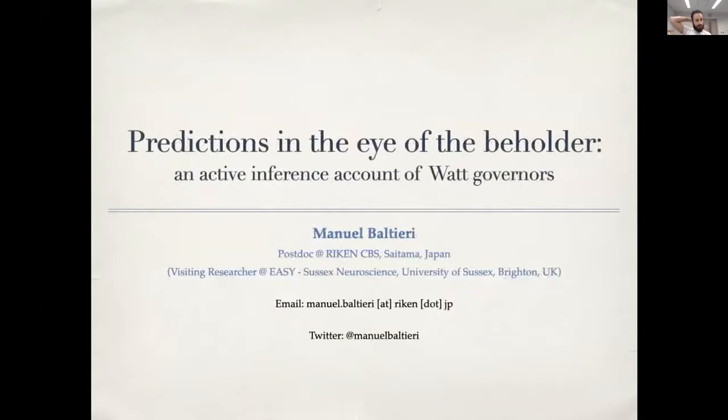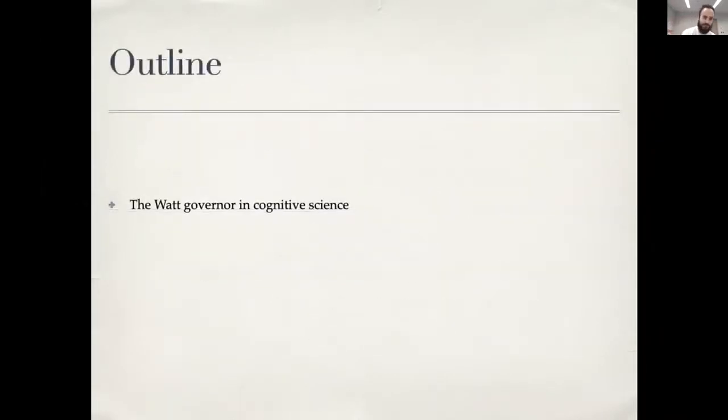Right, so a bit of an outline here. I'm going to give a very brief intro to the idea of the watt governor and what it was used for in cognitive science, what it can still be used for in cognitive science.